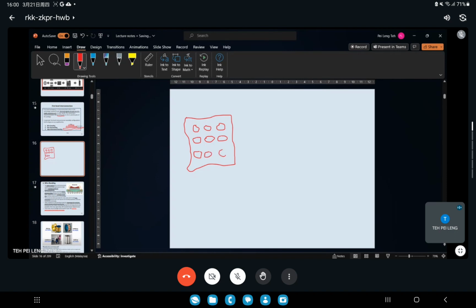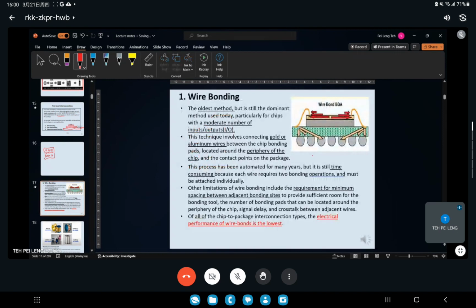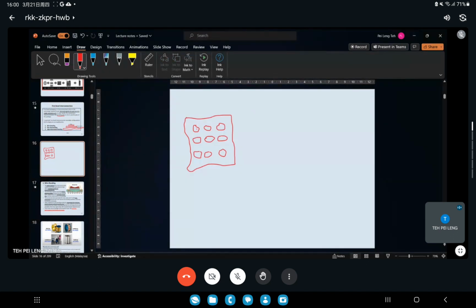Many types of surface, but it must be an electrical conductor, so normally it's metal. So that later all these balls can sit on top of here and form bonding.